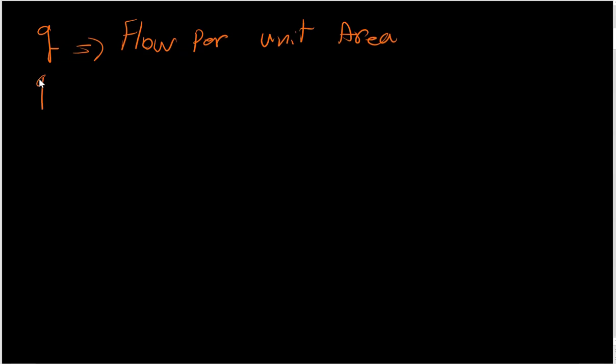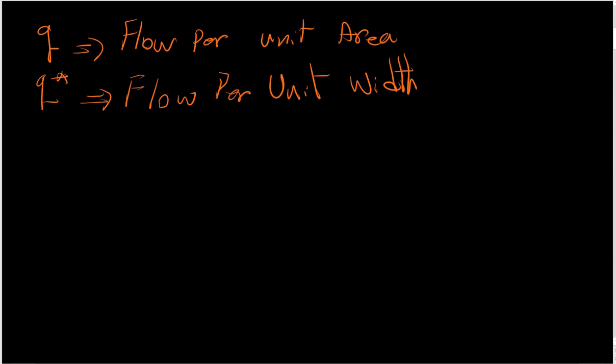So technically q is the flow per unit area, and Q star is the flow per unit width. Similarly, we can define the transmissivity in the x direction, which is Kx times B, and its unit is meter square per day.